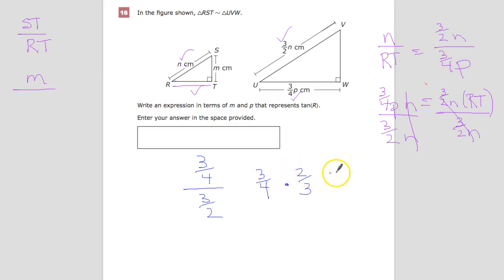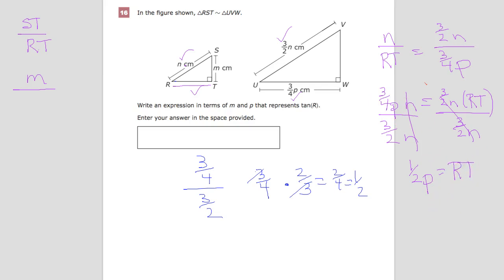And you could do 3 times 2 is 6, 4 times 3 is 12 and reduce, or you could see that there's a 3 in the numerator of this one and the denominator here, and they cancel, and you get 2/4, which reduces to 1/2. That is the value that's left when I do this division, so I end up with 1/2 P, see how this is what's left here, equals the side RT.